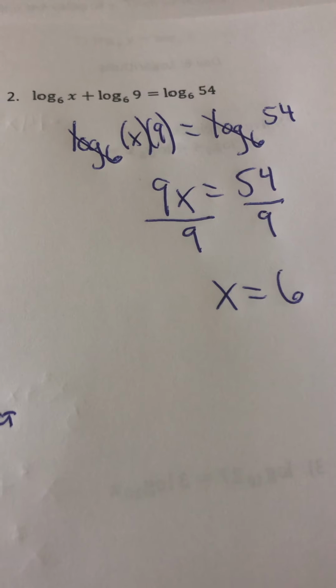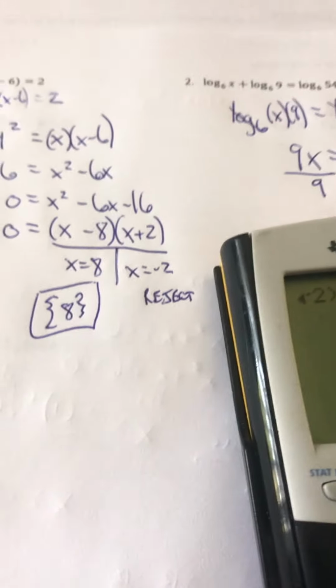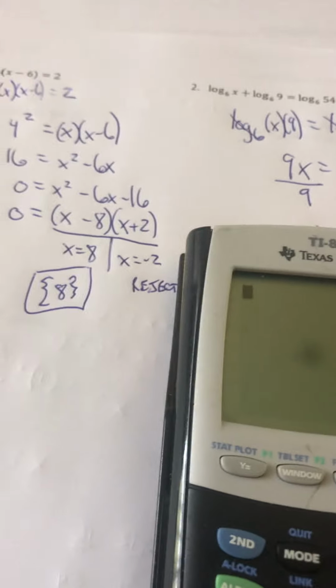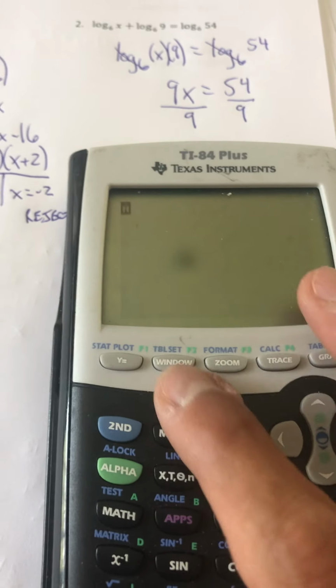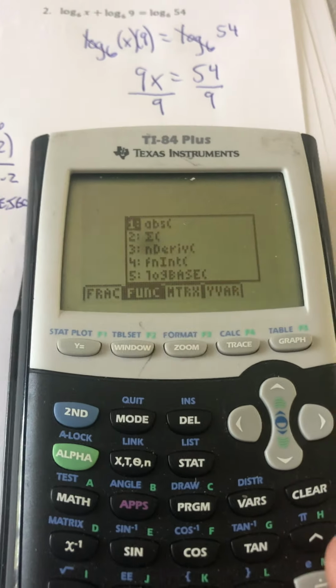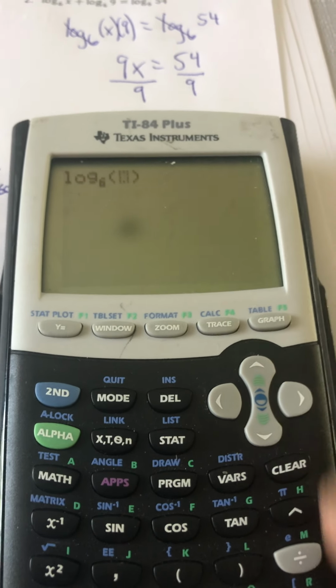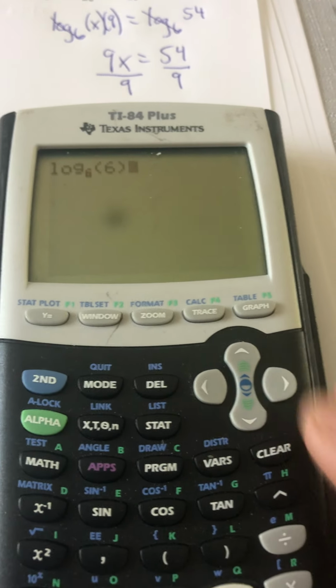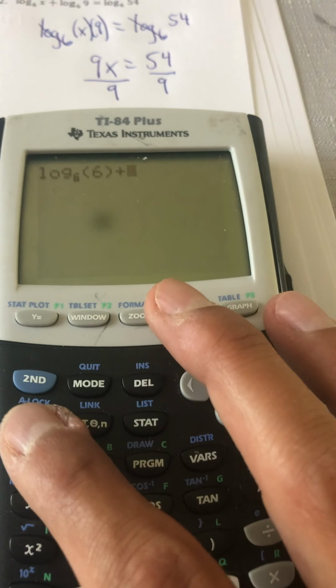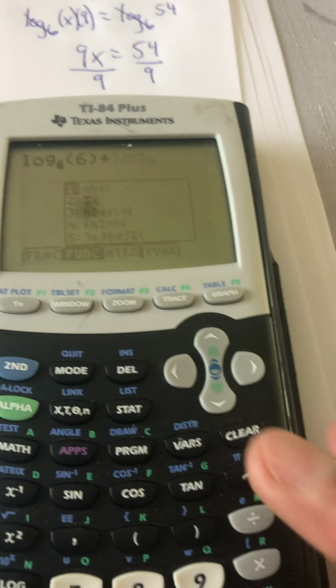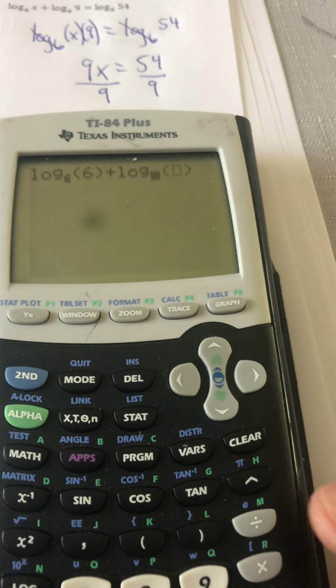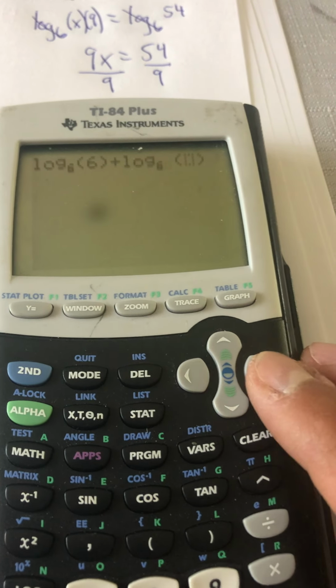I'm going to do the exact same thing, and I'm going to check. So in my calculator, I'm going to type in alpha window, choice 5. I have 6 here, plus log base 6 of 9.